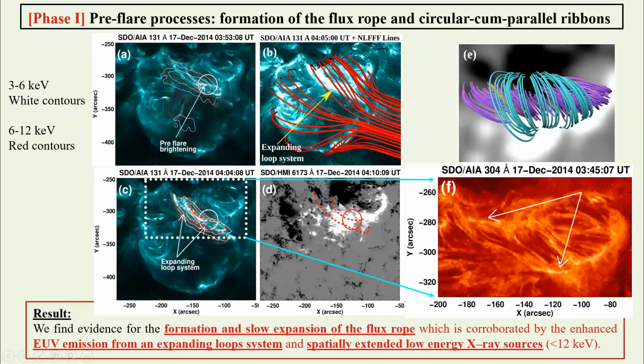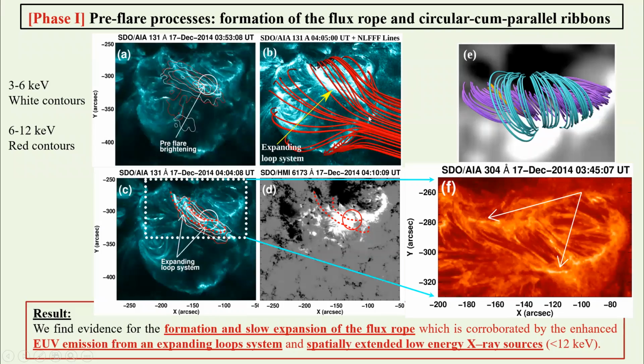These dark thread-like structures are the sheared field lines, which we also obtain from our non-linear force-free field extrapolation techniques, so we can mimic the observations. So in the initial stage, we found that there is a formation of a flux rope inside the fan dome.